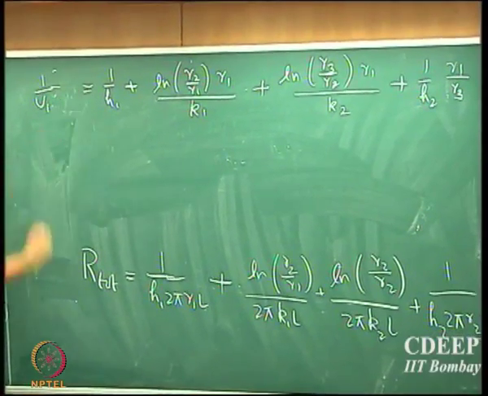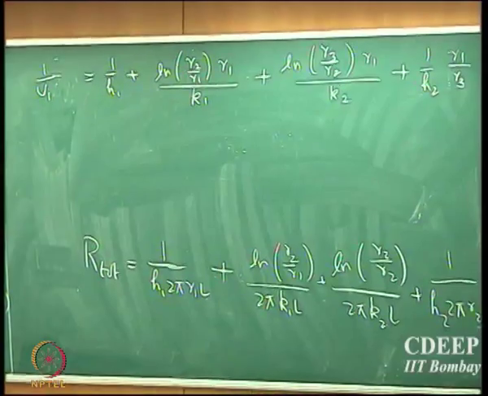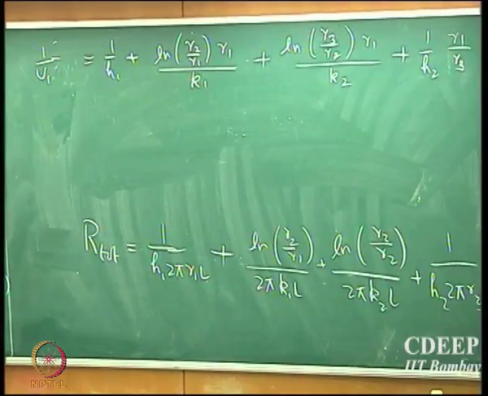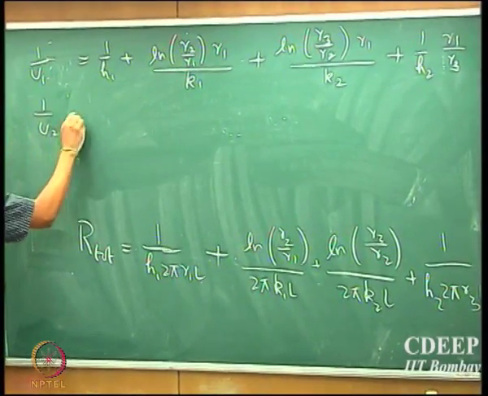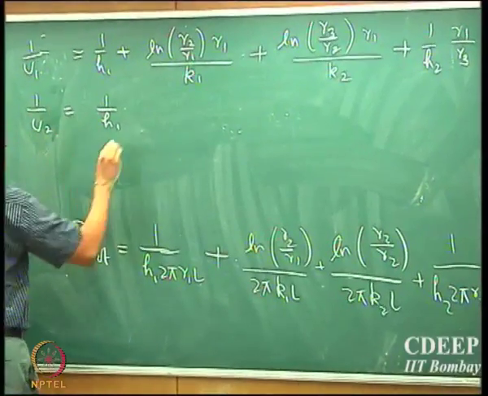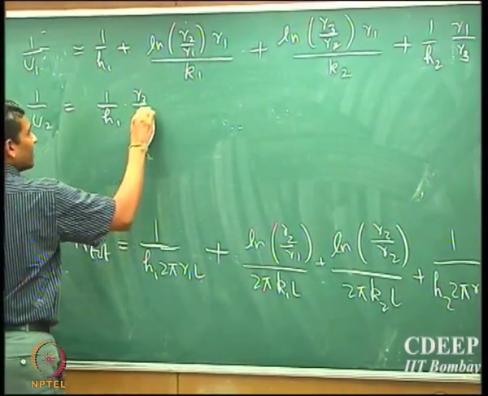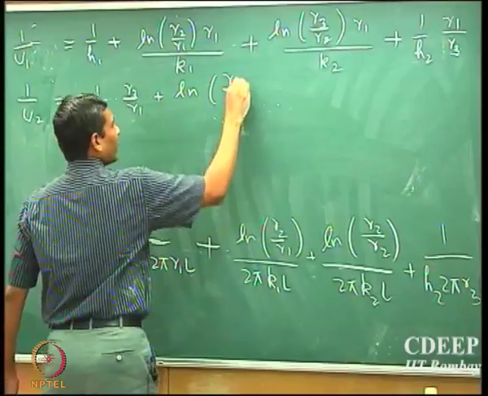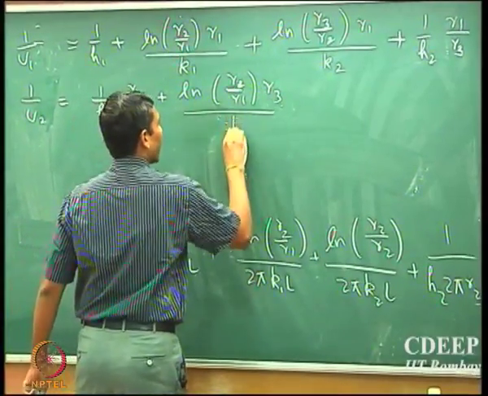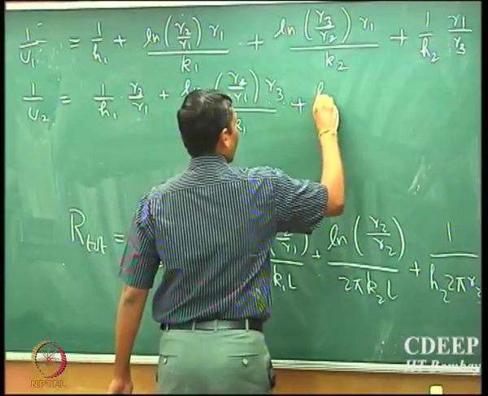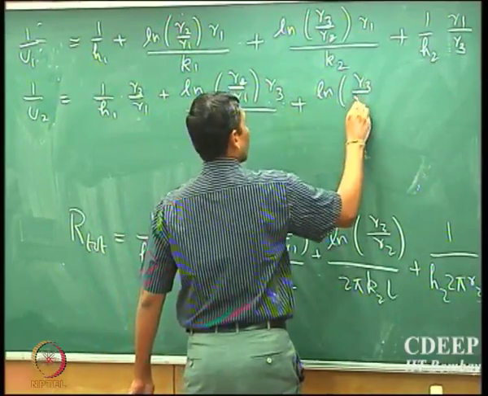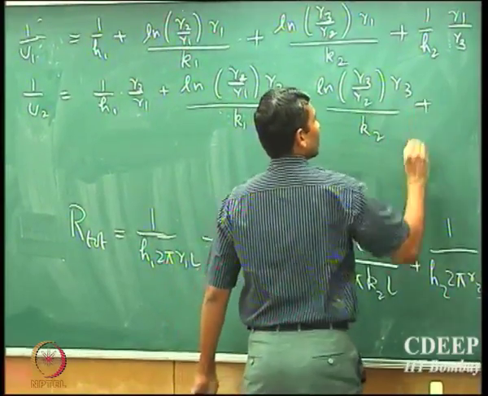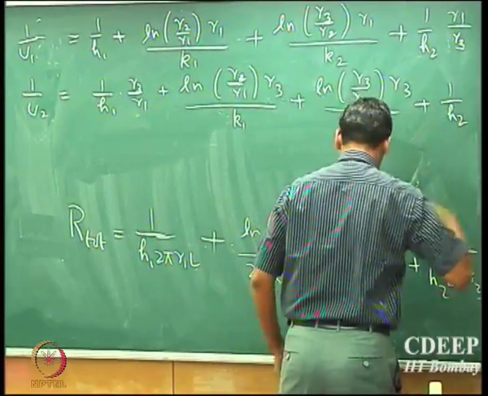So that will be 1 by U1. All I have done is multiply the equation by the corresponding area. Similarly, 1 by U2 will be 1 by H1 into R3 by R1 plus ln R2 by R1 into R3 by K1 plus ln R3 by R2 into R3 by K2 plus 1 by H2.